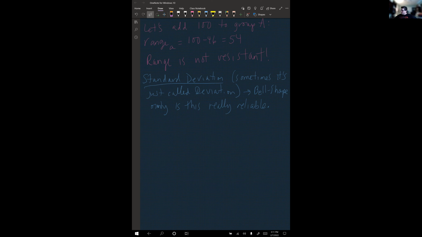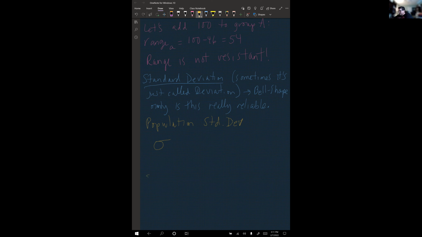So let's go over what the symbols are and how they differ between population and sample. I'll do population first. For population standard deviation, we use this, which looks like a little o with a tail on it.